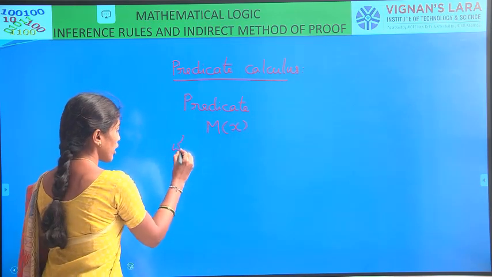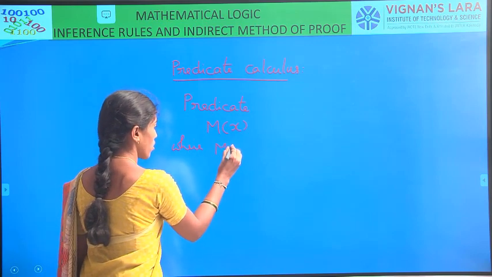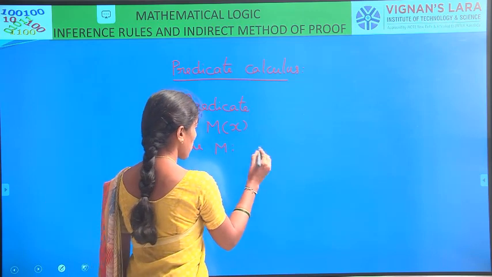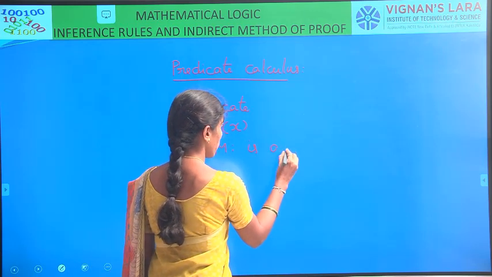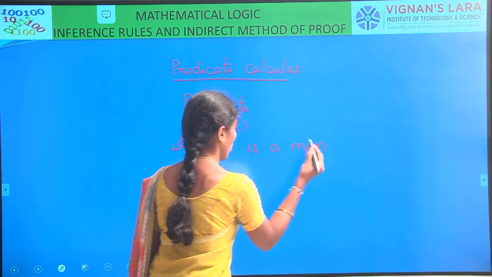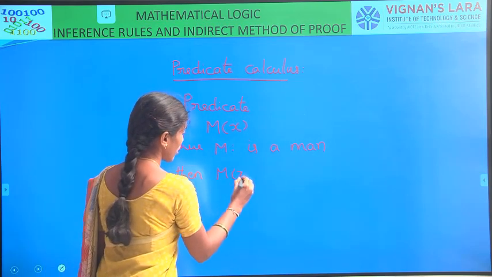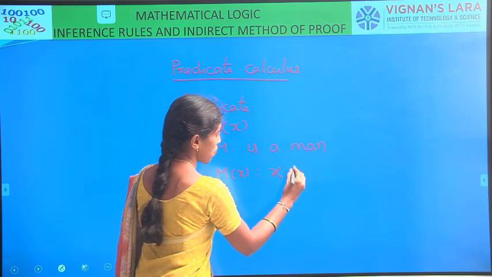Suppose m represents the property of the subject x, where m represents is a man, then m of x is nothing but x is a man.